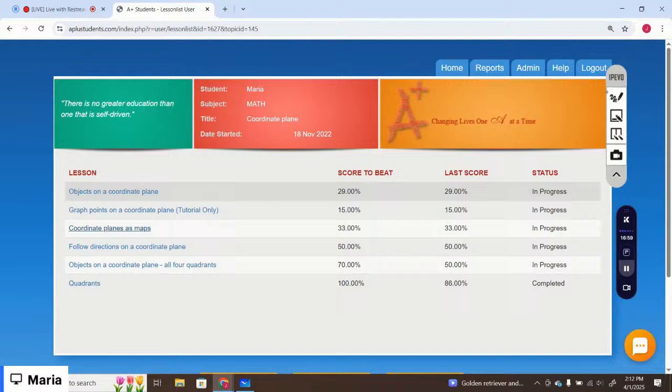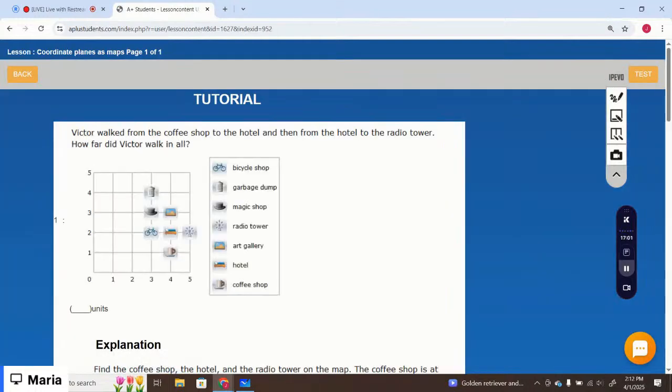The next one is coordinate plane as maps. Victor walked from the coffee shop to the hotel and then from the hotel to the radio tower. How far did Victor walk in all?